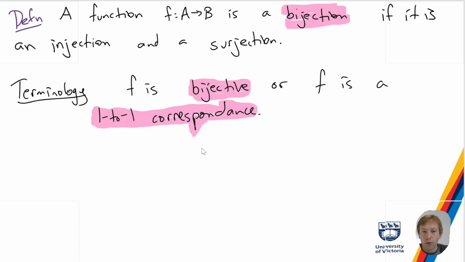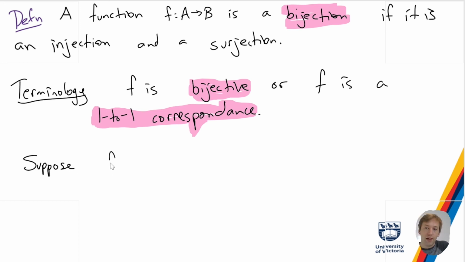Now, one of the important things about bijections, which is going to come up a lot in chapter 8, is that having a bijection between two sets allows you to compare the sizes of those sets. So let's think of an example.